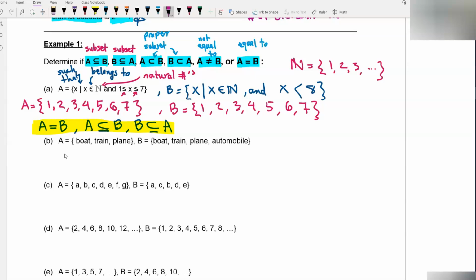All members that are inside A are also in B. We don't have this one inside A, meaning that it's not exactly equal, so A is not equal to B. But A is a subset of B, a proper subset of B. We're not able to write it this way because we don't have equal to, so I'm not going to use that one here.